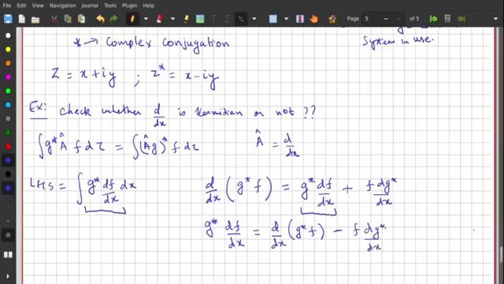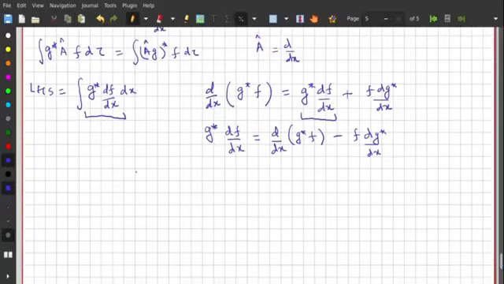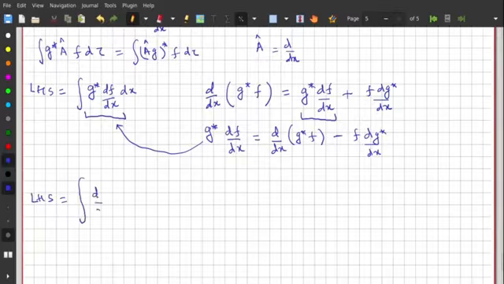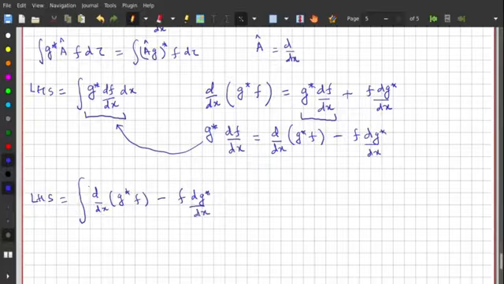that g star df/dx becomes d/dx of g star f minus f dg star/dx. Then using this here, the left hand side becomes the integral of d/dx of g star f minus f dg star/dx, all multiplied by dx.